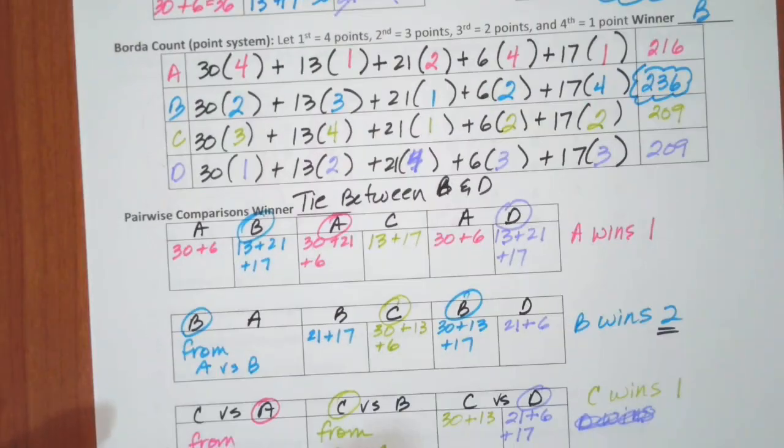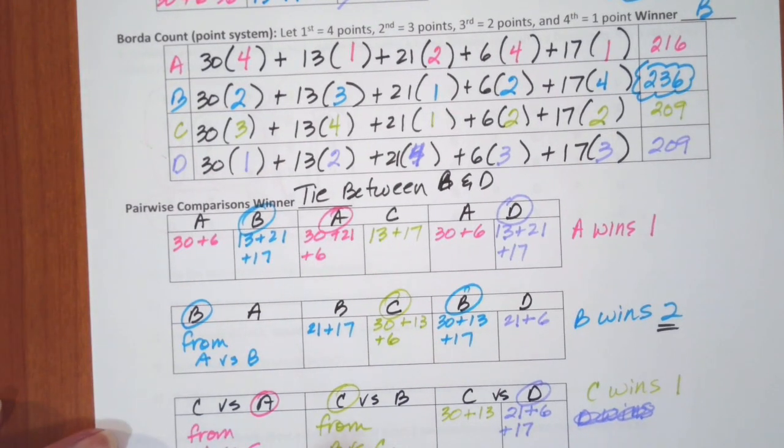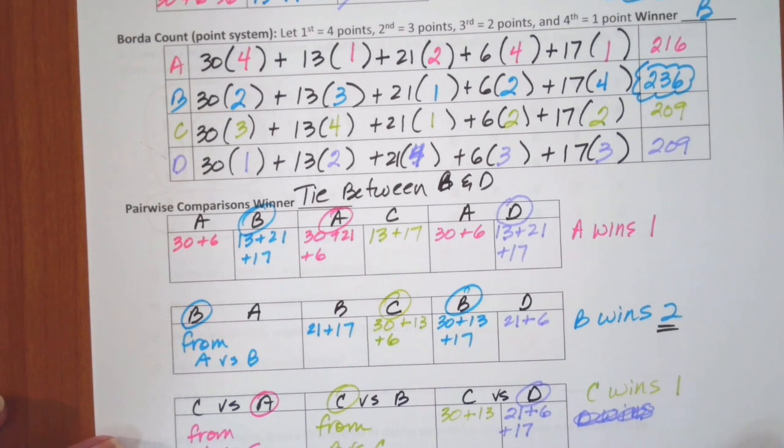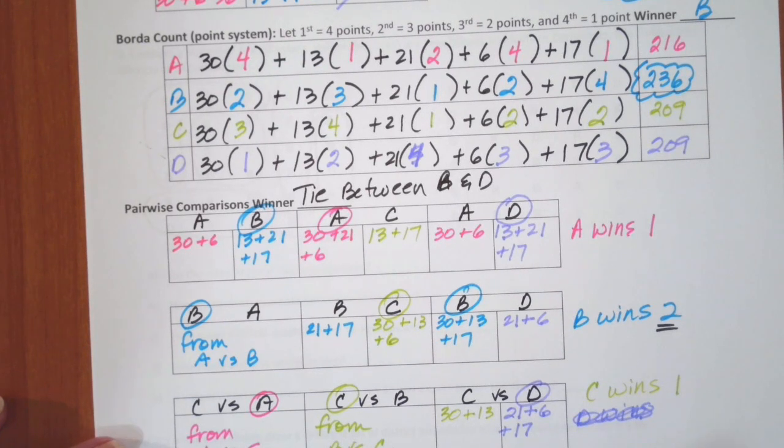Okay, so if I wanted to just know if there's a clear winner, the plurality is A. The single runoff is B. The Borda count is B, and I skipped the sequential runoff.